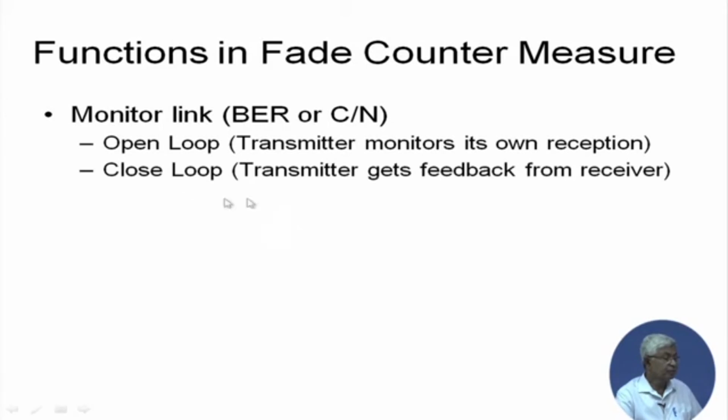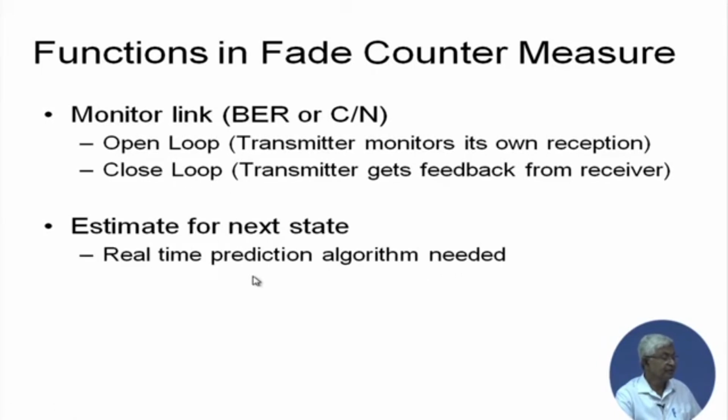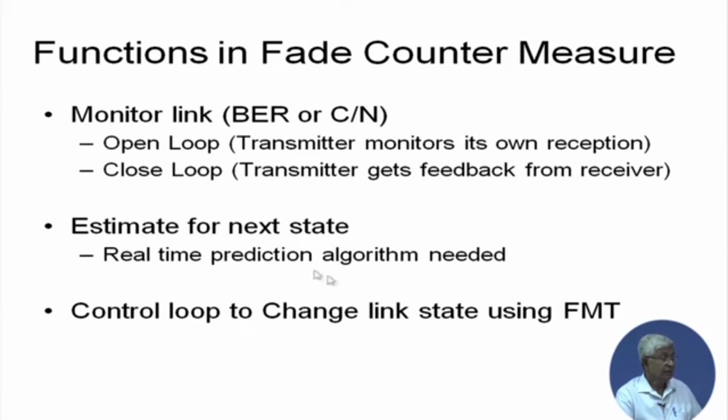It could be closed loop, where the transmitter gets feedback from the receiver, so uplink and downlink both towards the receiver are also known to you. You monitor and estimate the next state, and then real time prediction by an algorithm is needed, because you have to predict what is going to happen, and accordingly take a countermeasure or mitigation.